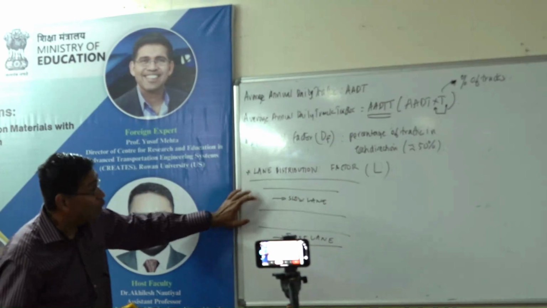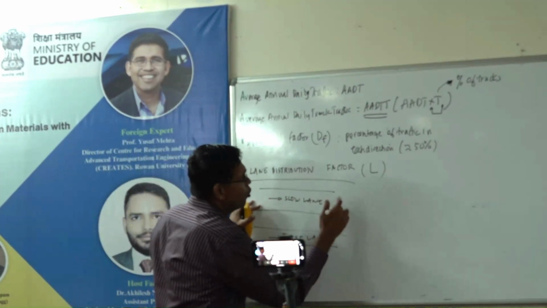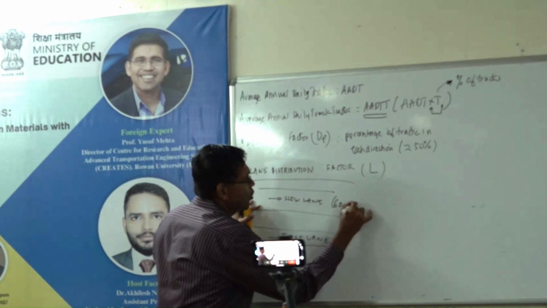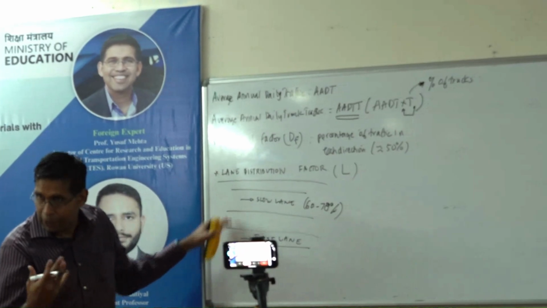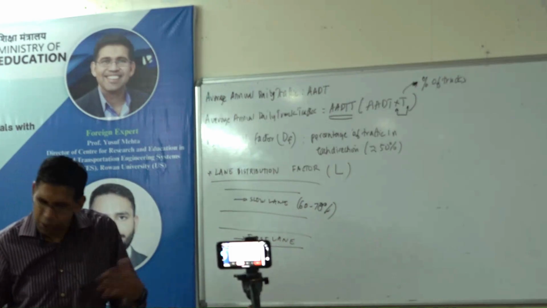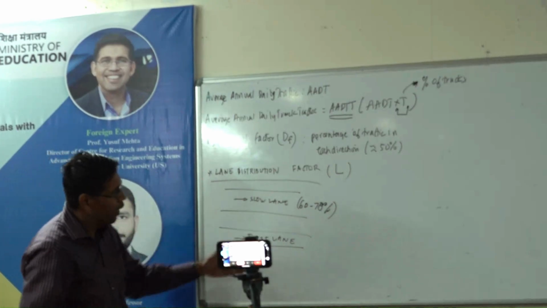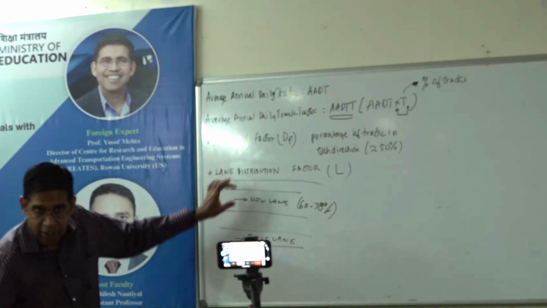That's your lane distribution factor. Many times almost 60 to 70% of the traffic usually comes in the slow lane compared to the other lanes. If you have a single lane, of course it will be 100%. So you design for the slow lane because the heaviest traffic comes there.